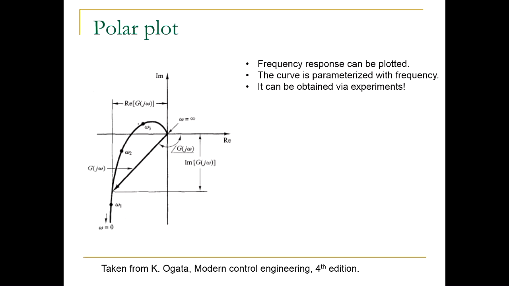So you get 1 point on this plot. Each of these points here would correspond to one such experiment. Then what you can do is a so-called frequency sweep. You just repeat this experiment for different frequencies, and you get lots of points in this plane, and then you connect them. That's how you would experimentally determine frequency response, right? So it is possible to do it experimentally.